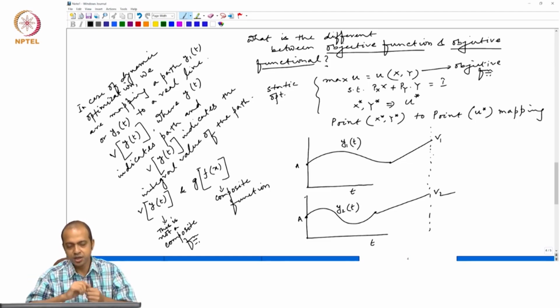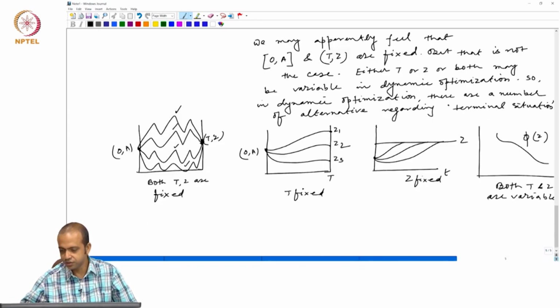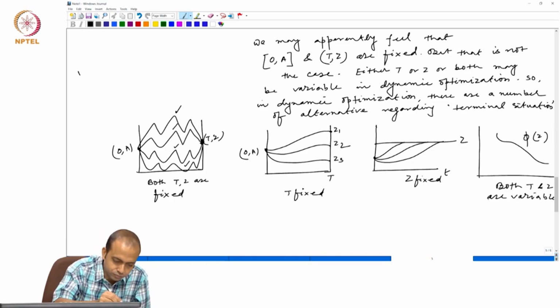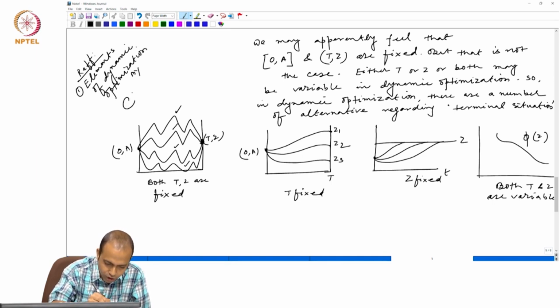So this is basically the introduction to dynamic optimization, and the first reference for this would be Elements of Dynamic Optimization by Chiang.